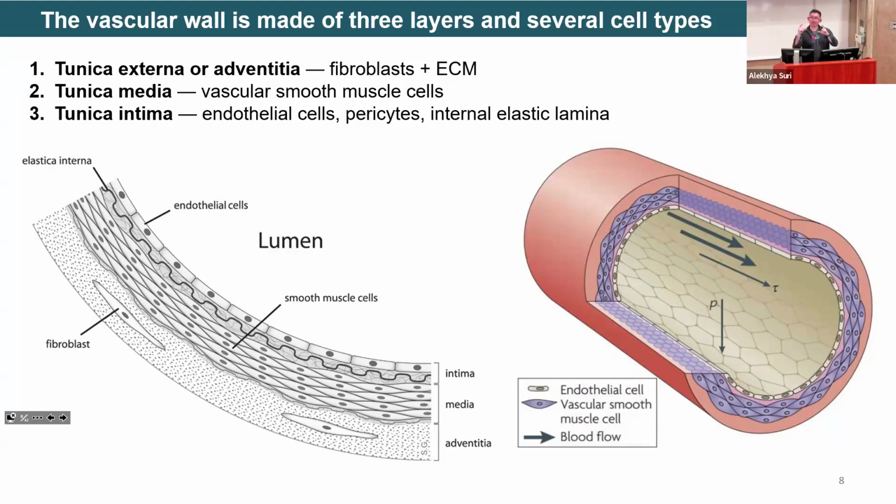So if the smooth muscle layer exhibits contraction, the lumen diminishes. The lumen becomes smaller. If the smooth muscle dilates, or relaxes, then the lumen increases in size, right? And that's a really, really important feature of the arterial circulation in particular.